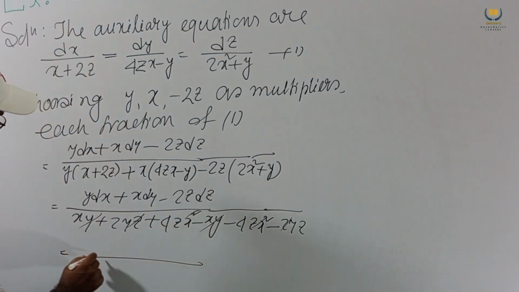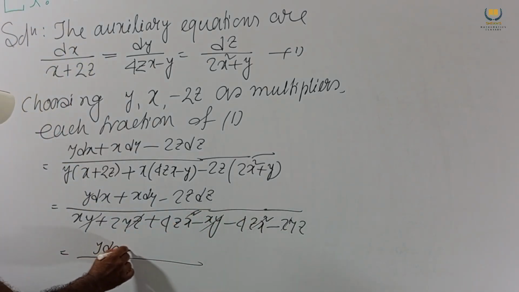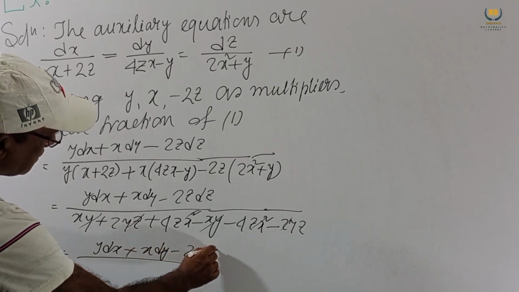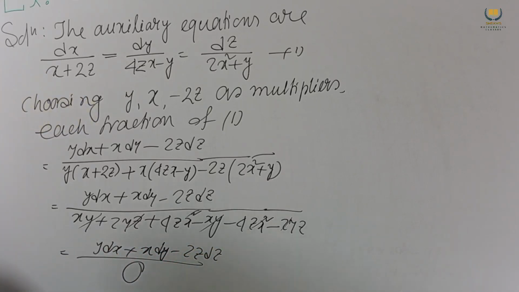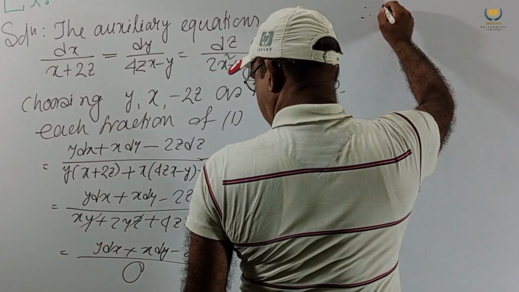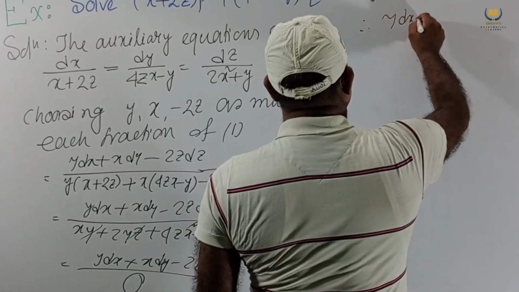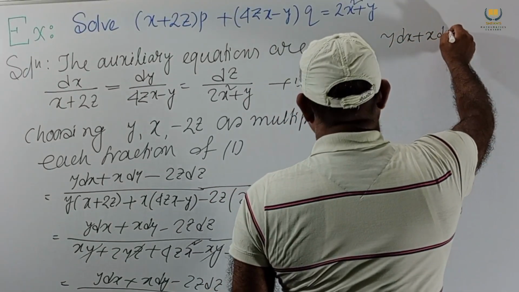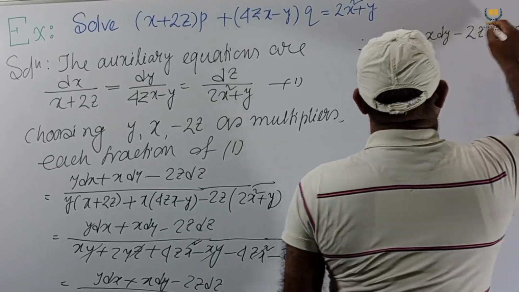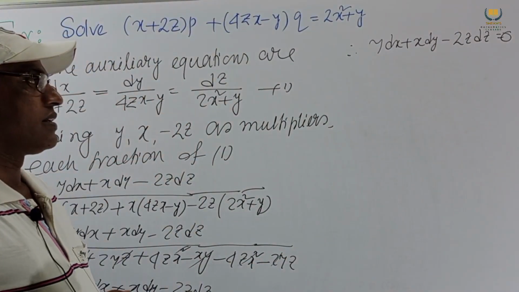So what we get? Y dx plus x dy minus 2z dz by 0. So by rules, if denominator is 0, then we get y dx plus x dy minus 2z dz equal to 0.